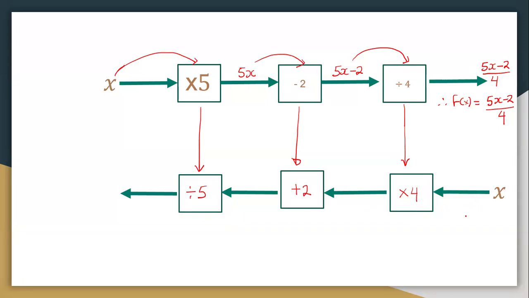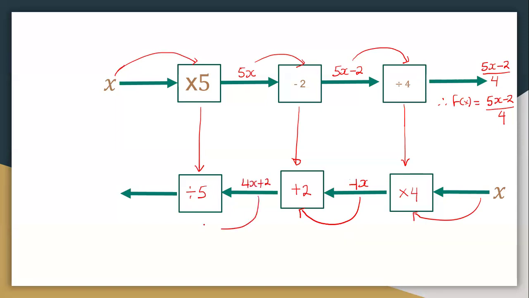When we enter the x here, what's going to be our output? 4 times x, which is 4x. When we enter the 4x here, what's going to be our output? 4x plus 2. Very good.